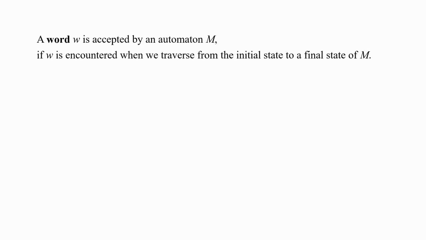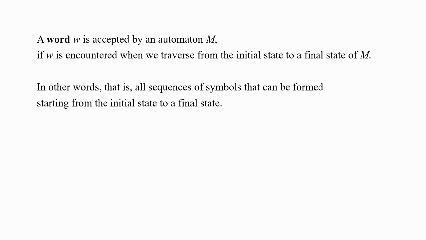A word W is accepted by an automaton M if W is encountered when we traverse from the initial state to a final state of M. In other words, all sequences of symbols that can be formed from the initial state to a final state.